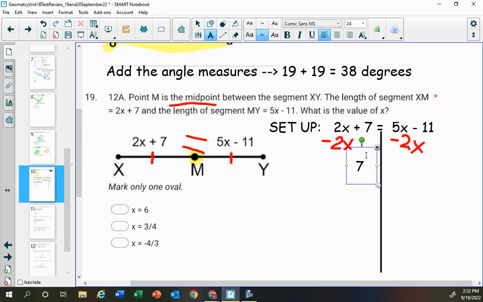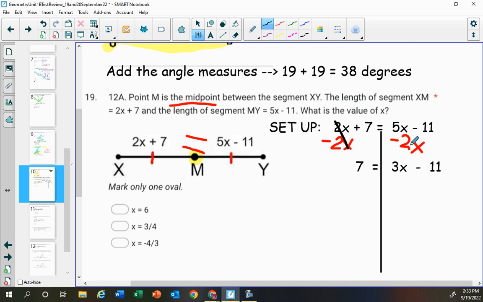It's going to be 7 equals, what's 5x minus 2x? 3x minus 11. Now what's our next step? We move the variable. So what do we move now? 11. Yeah. How do we do it?